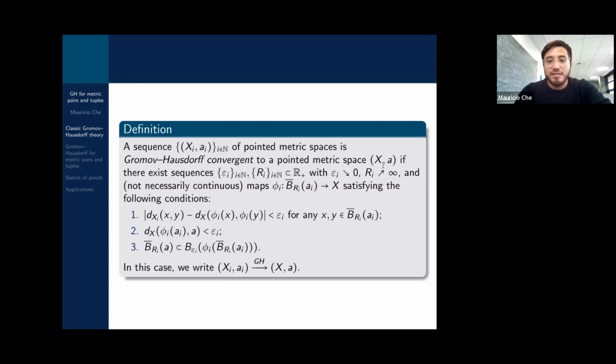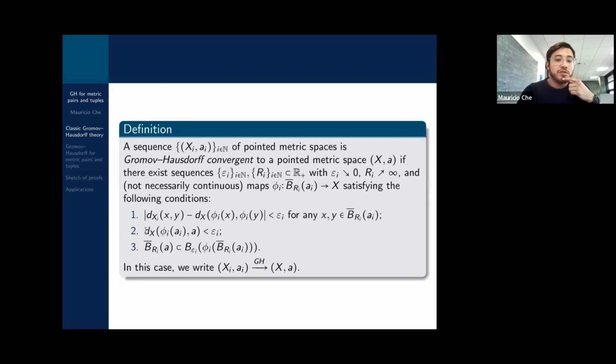We say that the sequence is Gromov-Hausdorff convergent in the pointed metric sense if there are epsilon_i converging to 0 and R_i converging to infinity, which are these radii that I mentioned before, and sequences of maps, not necessarily continuous again, defined on the corresponding balls of radii R_i to the limit space that are almost pointed isometries, in the sense that they almost preserve the distance, like in the first item.